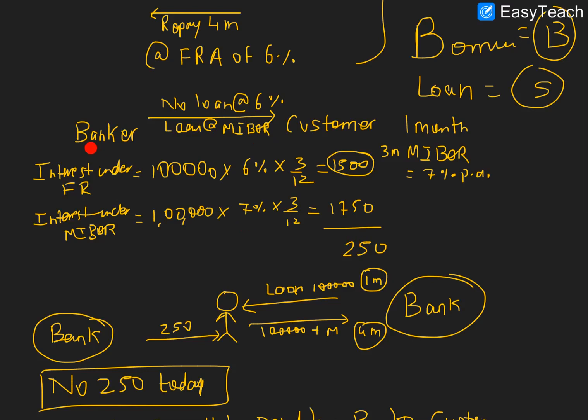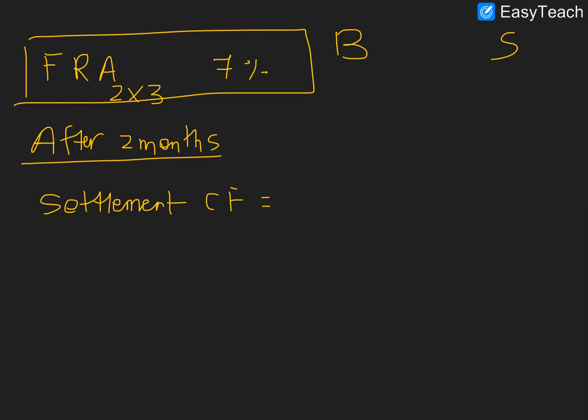Whereas if you look at the banker, he has agreed at a rate of 6%. It means, as we said, the banker has sold at 6%. Now the banker is going to settle it at 7%. So the banker was having a loss of 1%, right? So taking a cue from here, we need to understand buying an FRA and selling an FRA.